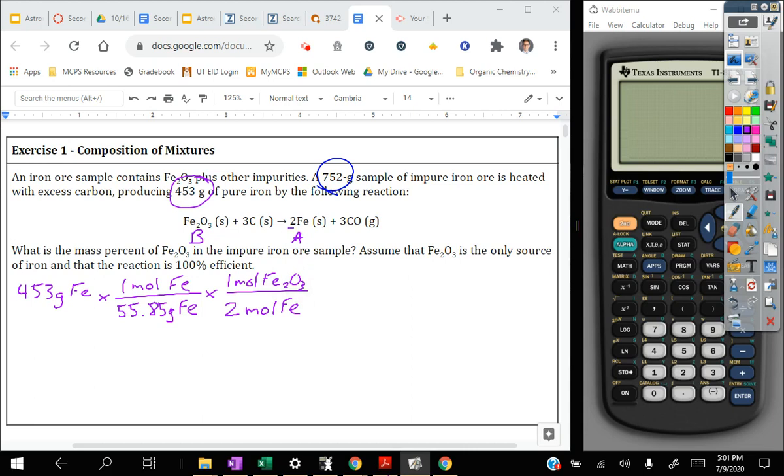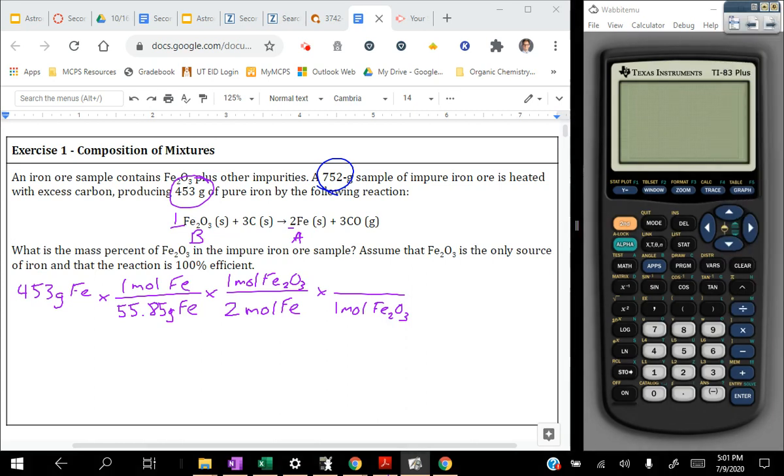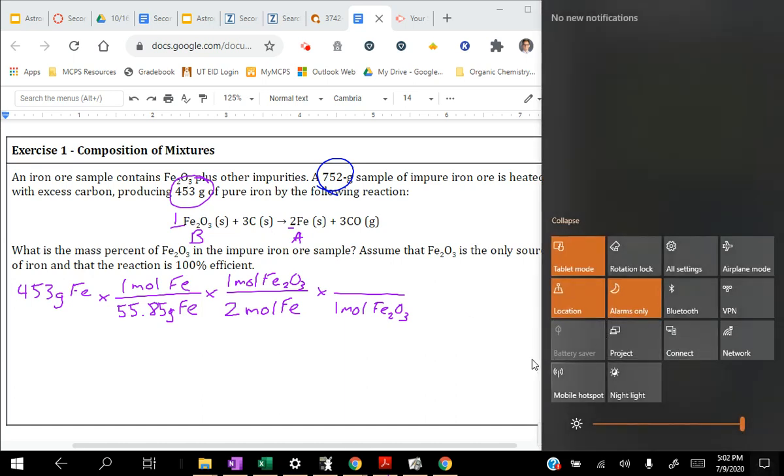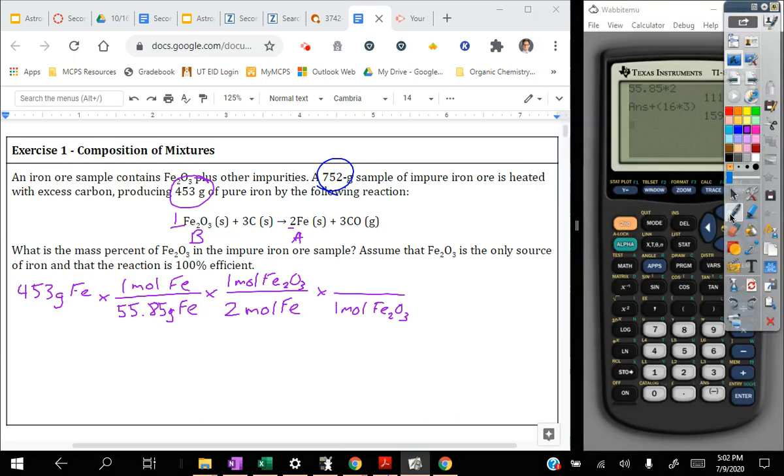So I've got 2 and 1. And then I can convert that back to grams. So with Fe2O3, I've got 55.85 times 2, which is 111.7, plus the mass of oxygen, which is 16 times 3. So my molar mass is 159.7.